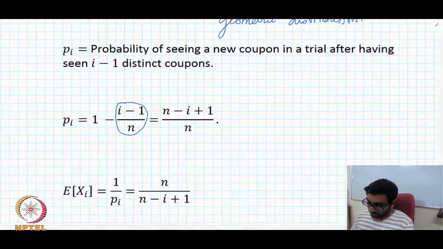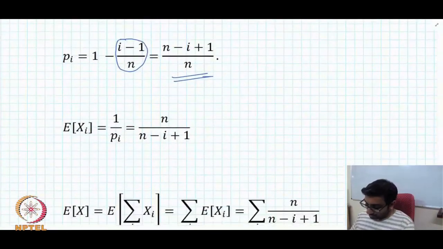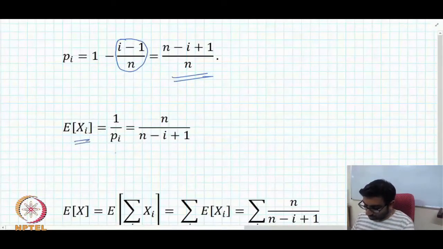There are i minus 1 coupons that you've already seen, and there are a total of n coupons. So 1 minus that quantity is the probability that you're going to see a new coupon. That's pi, and it works out to be n minus i plus 1 divided by n. And since xi is following the geometric distribution, E of xi is 1 by pi, which is equal to n divided by n minus i plus 1.